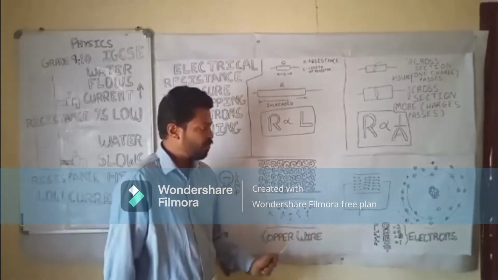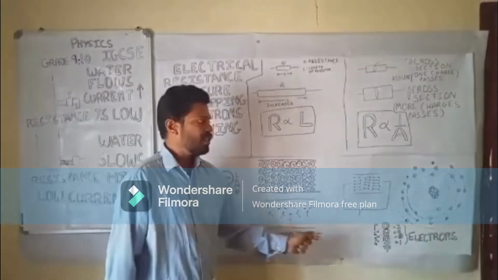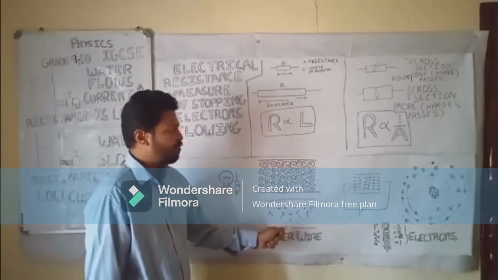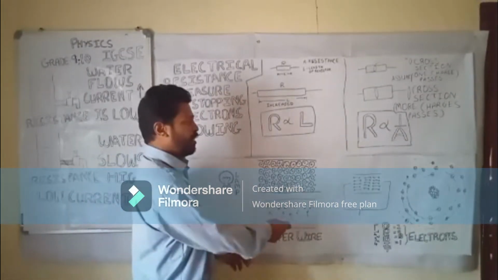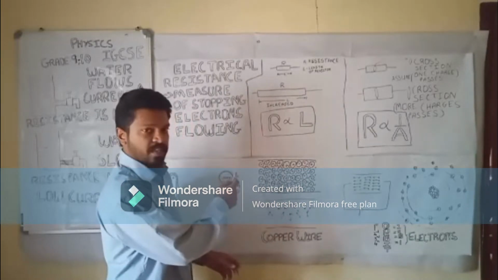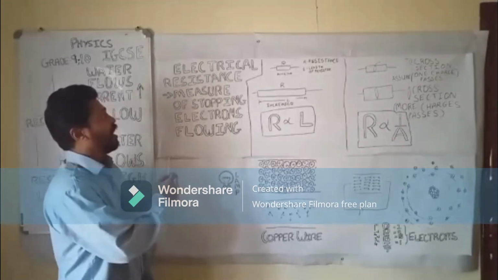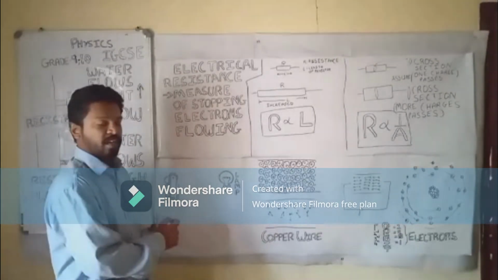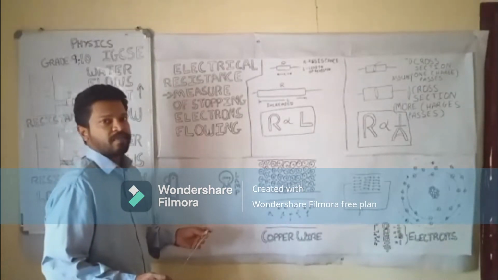Once a voltage source is connected, the electrons, or the charge, move in a particular direction. This movement of the charge in a particular direction is opposed by the resistance, and we get electrical resistance. Electrical resistance is the measure of opposition to the flow of electrons. So this is the resistance part of it.